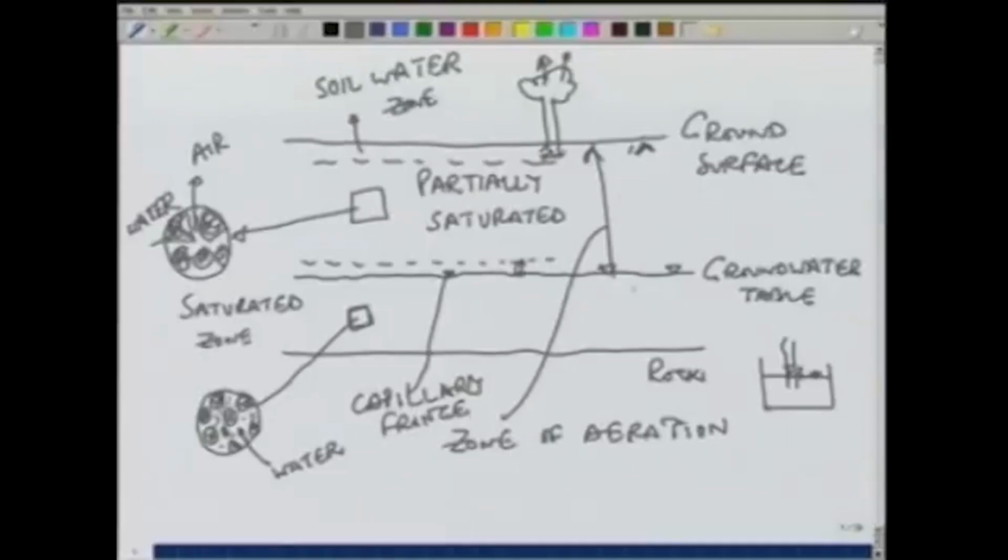This zone is important more for an agriculture engineer, but from water sources point of view, we would be mostly concerned with the saturated zone or the groundwater. If we look at the zone inside between the soil water zone and capillary fringe, we can call it an intermediate zone.